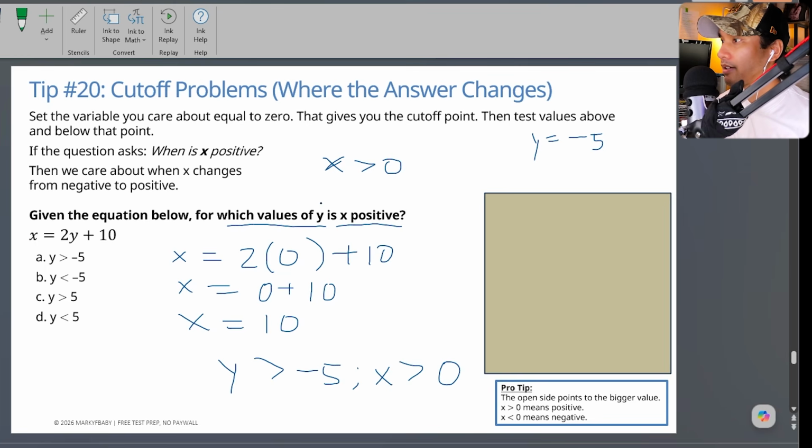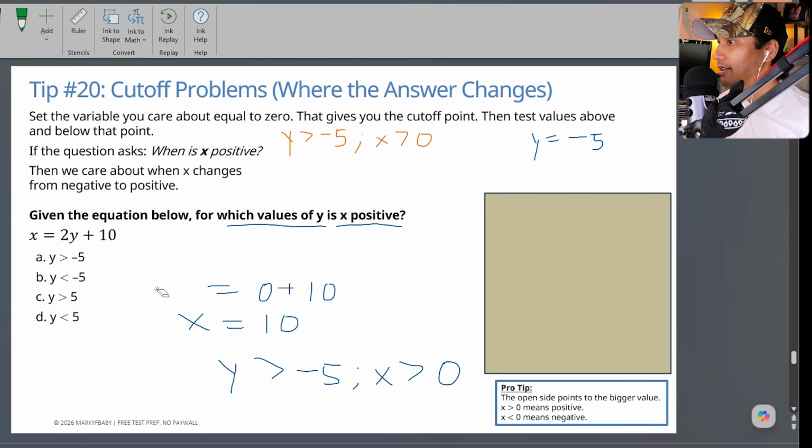Let me write this in orange over here because we need this to pick the right answer choice. Now let's choose a value less than -5, which again is our cutoff.